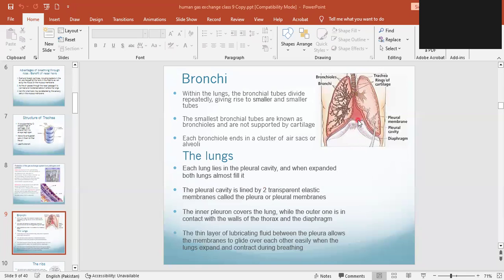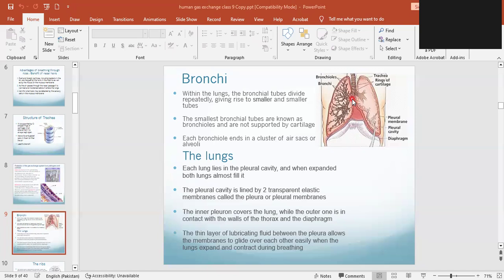These lungs are enveloped in two membranes known as the pleural membrane. It keeps the lungs moist and prevents the lungs from being damaged by friction, as there is a heart present in the middle of the lungs, and the heart pumps, and due to the pumping the heart moves, right?